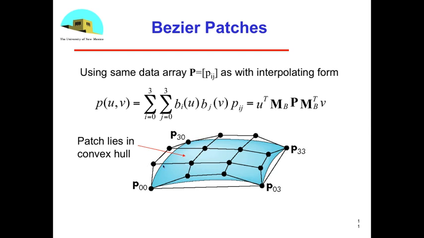They form a quadrilateral, which is not necessarily flat. So you can look at things like P11 minus P00 and say if it doesn't lie in this plane, it's giving you a measure of how this little quadrilateral is twisted from being flat, and that can get used in CAD applications. But we're going to leave that here and not worry about the physical interpretation of what these points might mean.